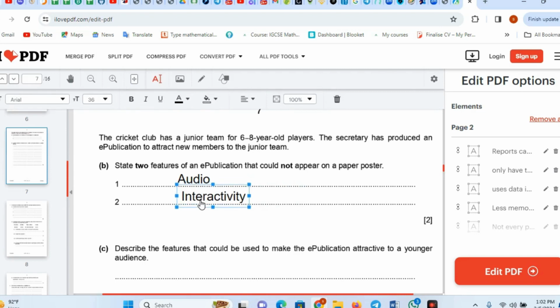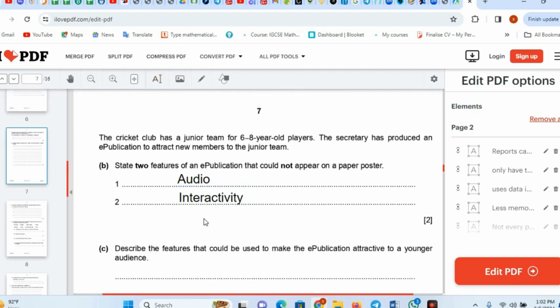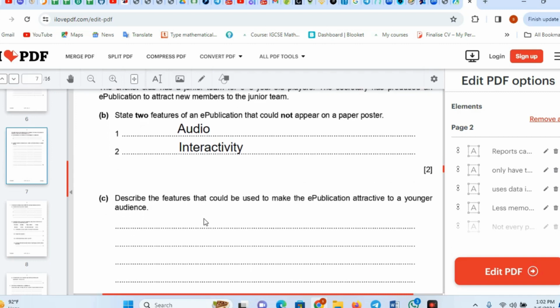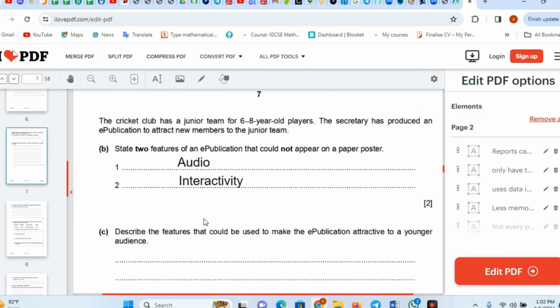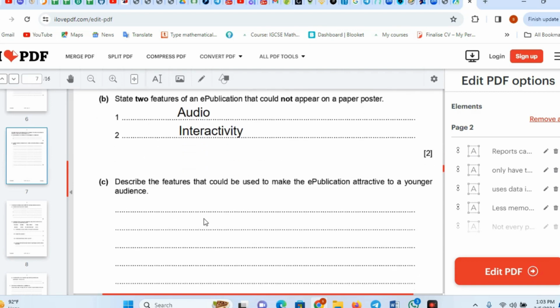The answer is no. But unlike that, with an e-publication you can still have interaction. So you have accessibility, text to speech, and the ability to change text flow left to right and right to left. All this cannot be done on a paper poster as against an e-publication.